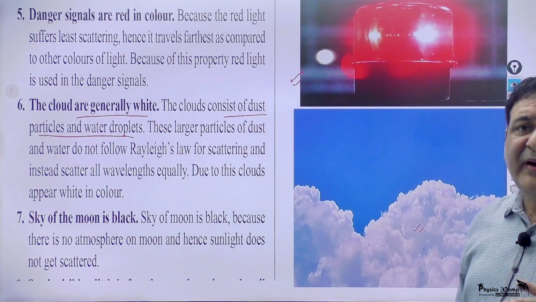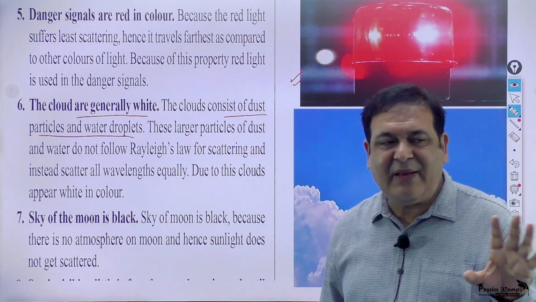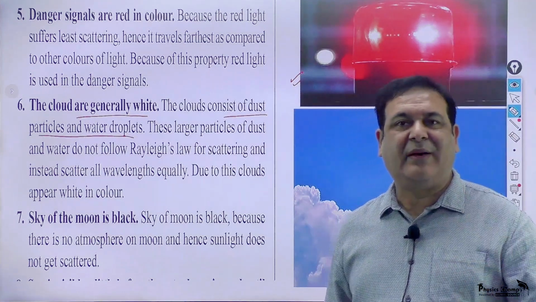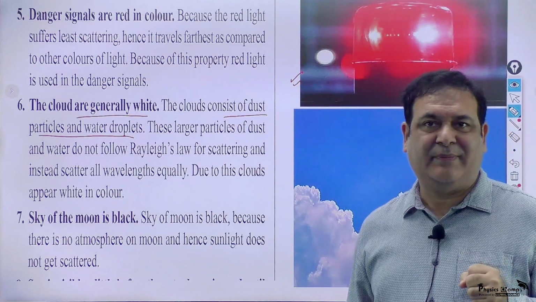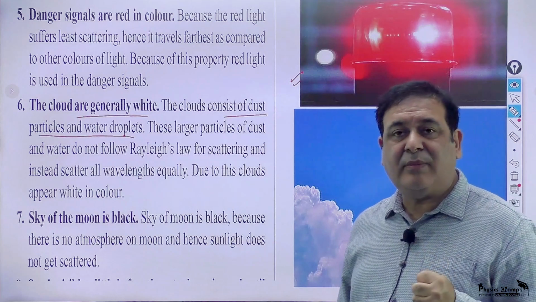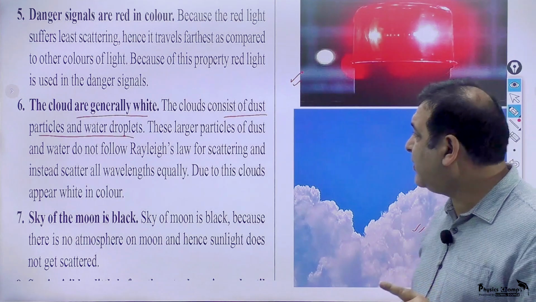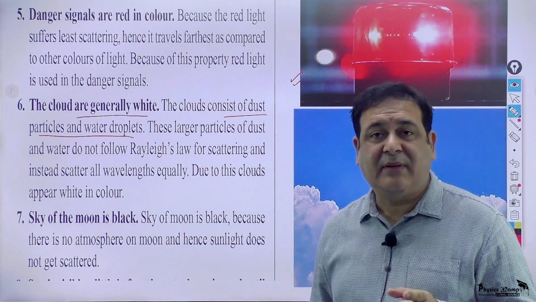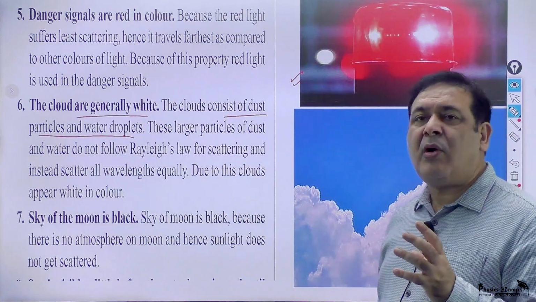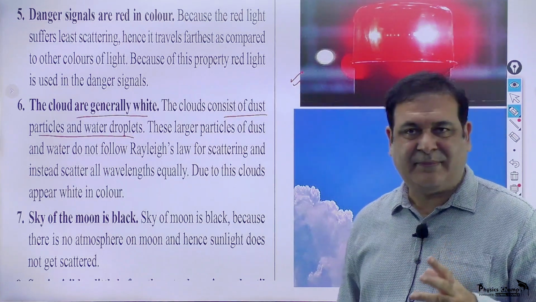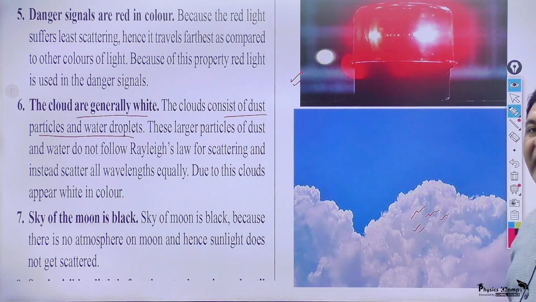And these dust particles and water droplets do not follow Rayleigh's law of scattering. That is only for gas particles, that the light is absorbed and then re-emitted. But it is not so for dust particles and water particles. Dust particles and water particles scatter all the colors equally. And that's why the clouds appear white.